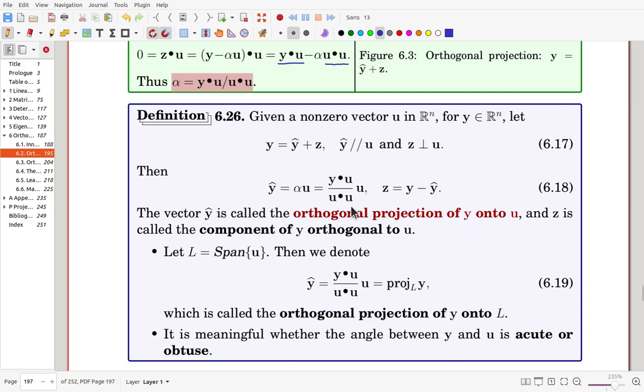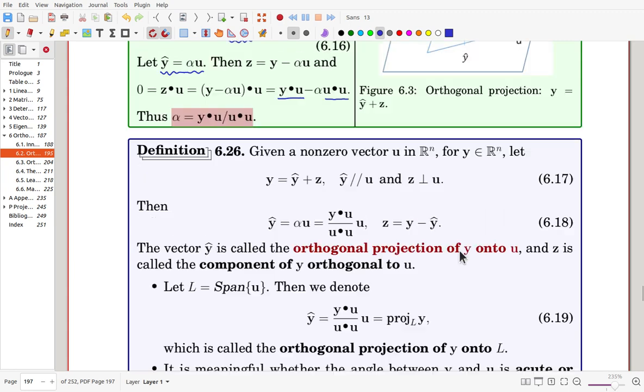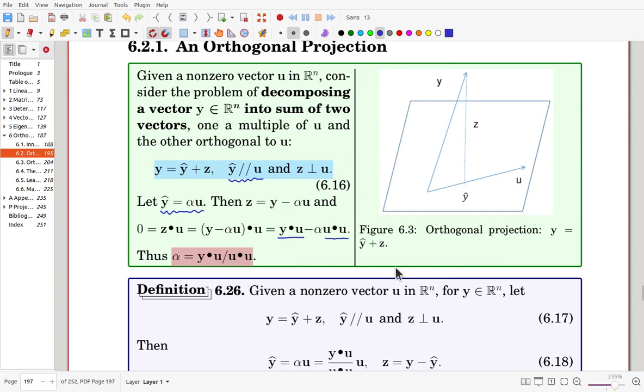Okay. Now, vector y hat is called the orthogonal projection of y onto u. Pictorially, here y hat is the u directional component of y. So it is projection. Okay.